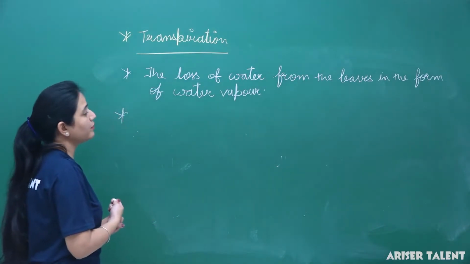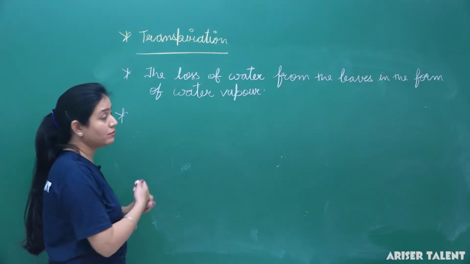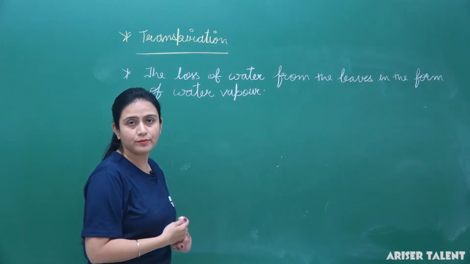So most of the transpiration takes place in the leaves by the stomata.